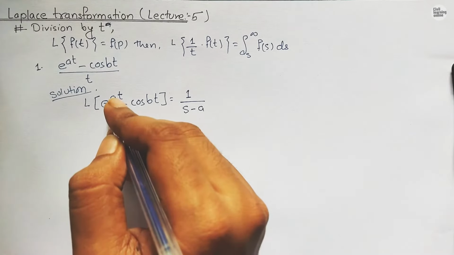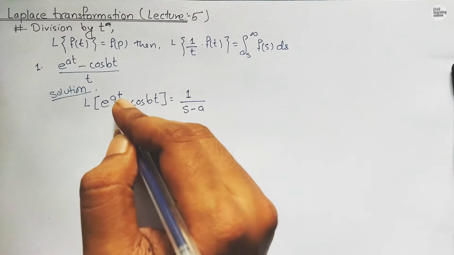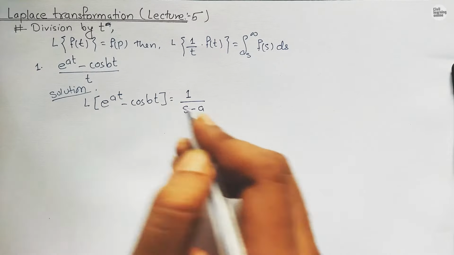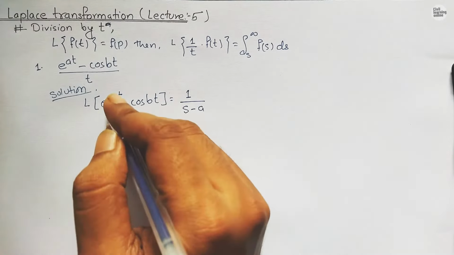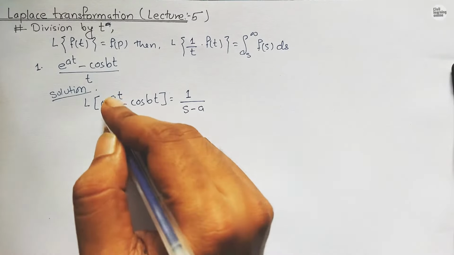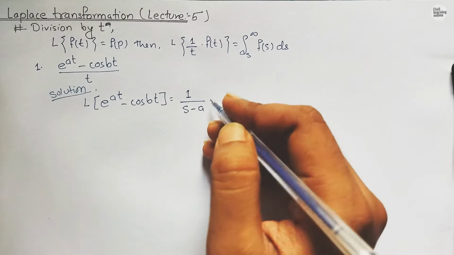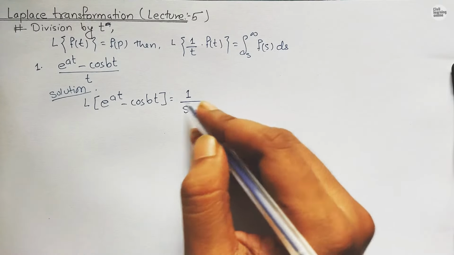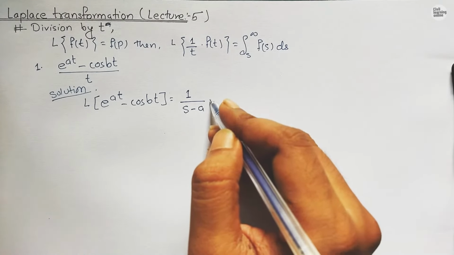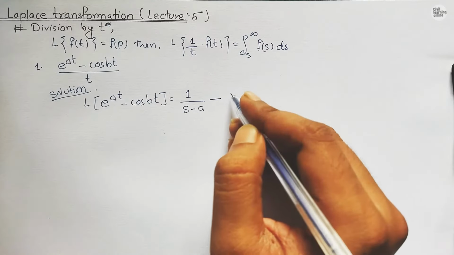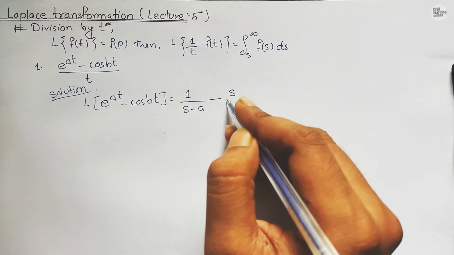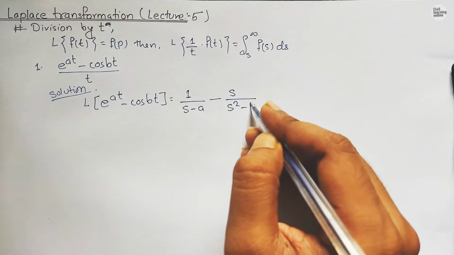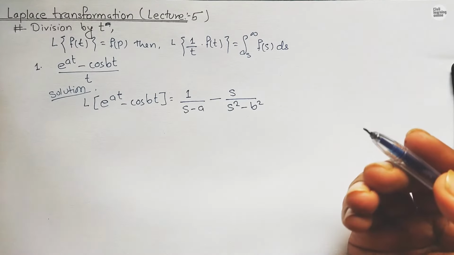If the exponential has a positive power, we take a negative sign, and if it is negative, we take a positive sign. Here it is positive, so we have s minus a. You need to watch the first lecture of this series for this formula. And for cos bt, the formula will be s upon s square minus b square.